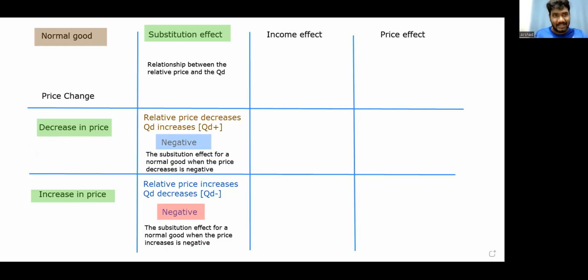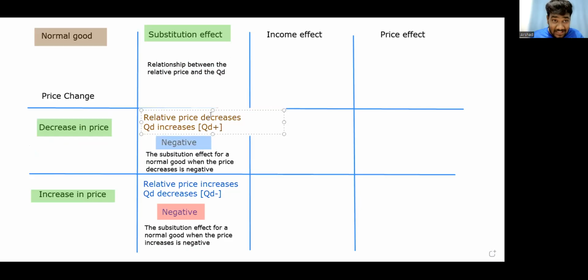Okay, let me summarize this quickly again. When we are looking at the substitution effect, we look at the relationship between relative price and quantity demand. Based on that only we say whether it's positive or negative. So when the price of a good decreases, the relative price also goes down.